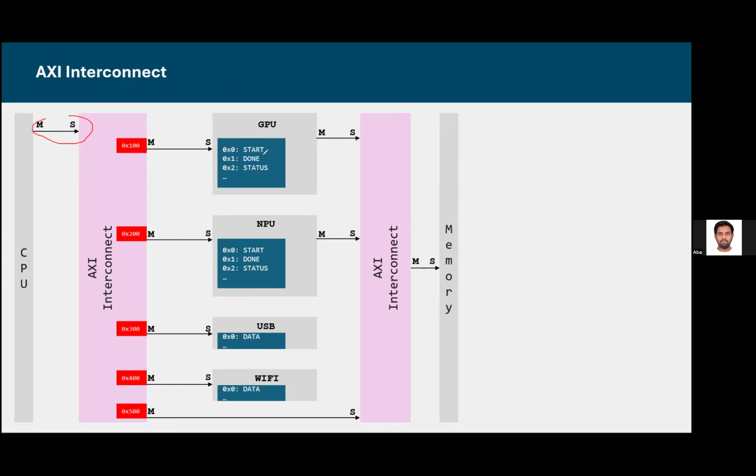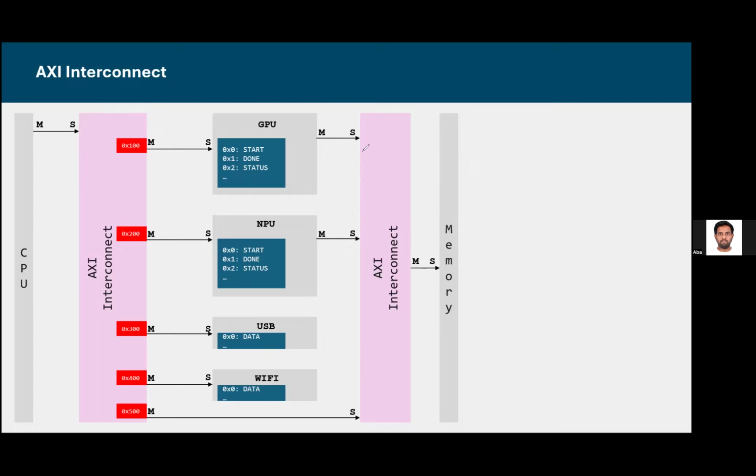Similarly, when you have multiple managers and one subordinate, so you have one common memory, one common DDR, the common DDR will have only one port, and this one port will be mapped to multiple managers. So you have the GPU, NPU and all of them connected through this interconnect.